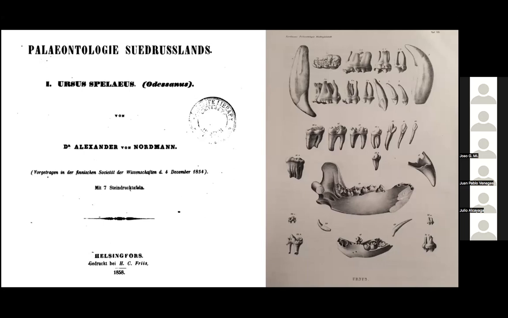And we have this incredible collection of fossils at the University of Helsinki that were collected by Alexander von Nordmann, who's the first paleontologist in Finland, before it was even Finland proper, but in Helsinki. And what we have in abundance are cave bear teeth. So cave bears were part of the Pleistocene megafauna that became extinct.